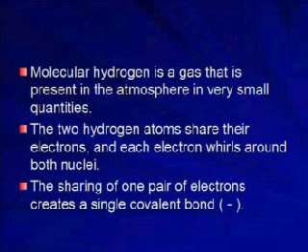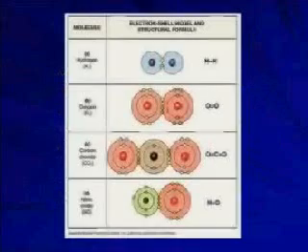Molecular hydrogen is a gas that is present in the atmosphere in very small quantities. The two hydrogen atoms share the electrons, and each electron whirls around both nuclei. The sharing of one pair of electrons creates a single covalent bond.